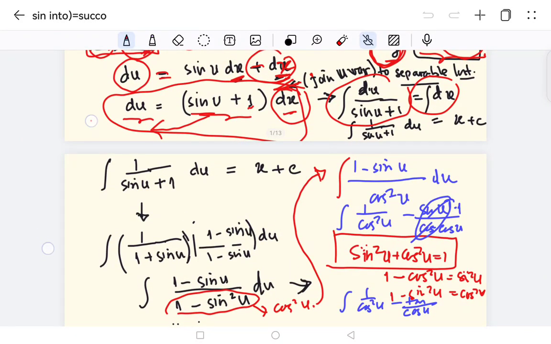Okay, I'm going to move this one. It's too crowded here, so I'm going to use another place.